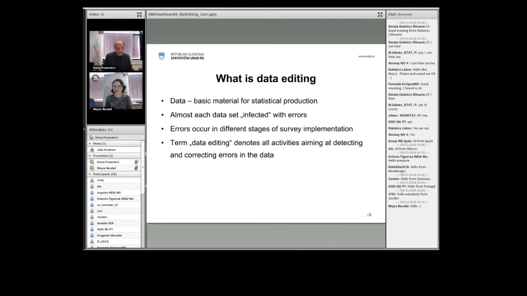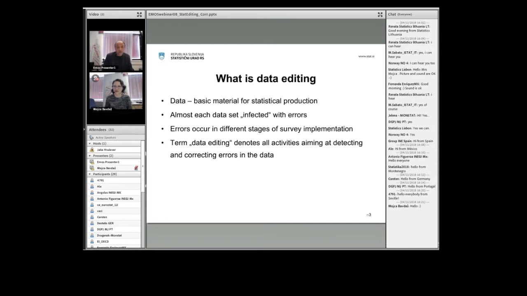Also, data editing is a very important part of the statistical process. Perhaps the first of two main reasons is that data editing is very time and resource consuming. Some older researchers indicate that the percentage of budget usually devoted to data editing is 40 to 60%. Some recent studies lower this figure to 30 to 40%.